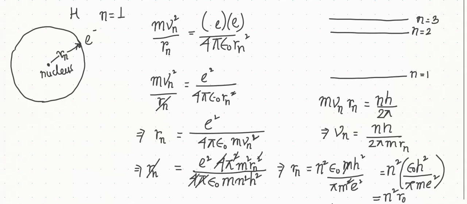If you calculate, the value of R naught is 0.53 angstrom, that is 0.53 × 10^-10 meter.